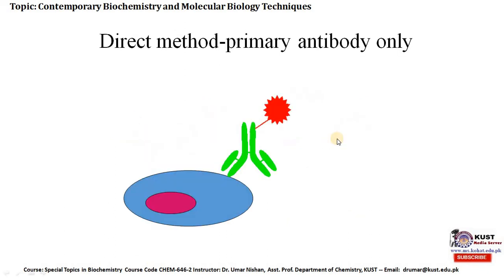Now, as I told you in the outline, there are two ways that immunohistochemistry can be conducted. One is the direct method. In the direct method, this is the antibody. We don't use secondary antibodies.